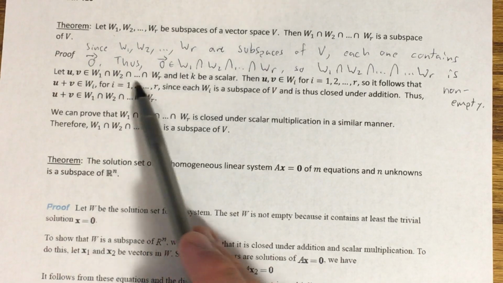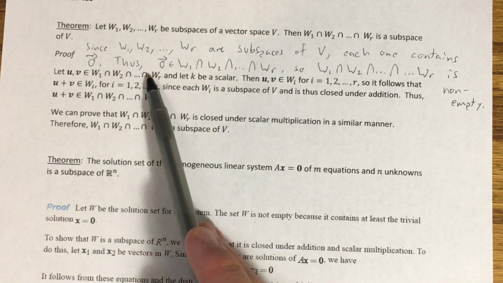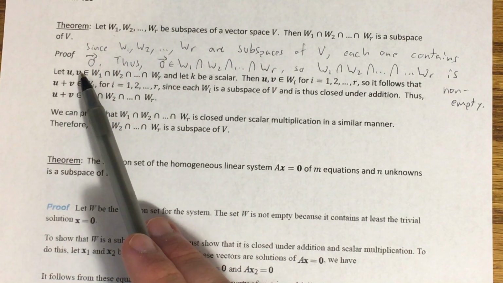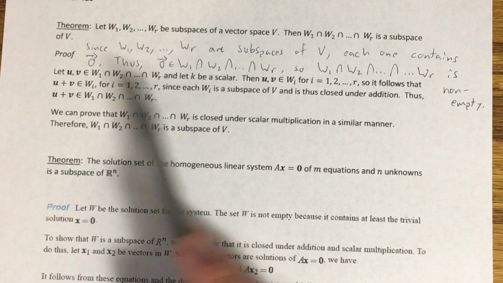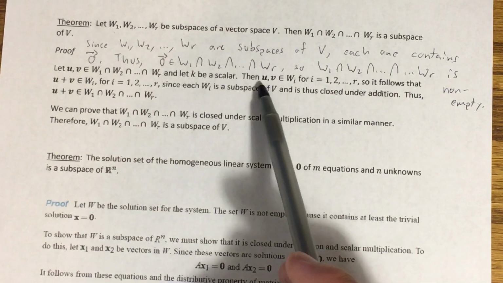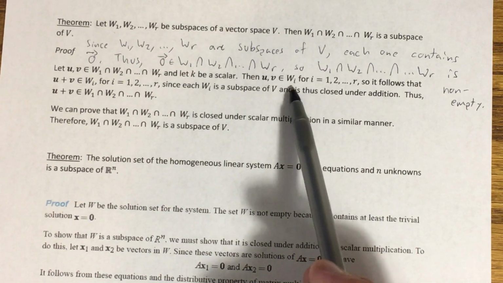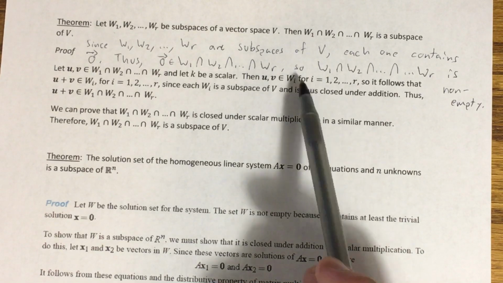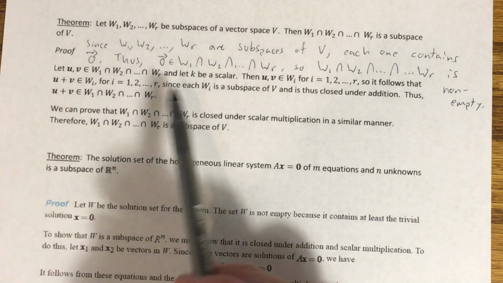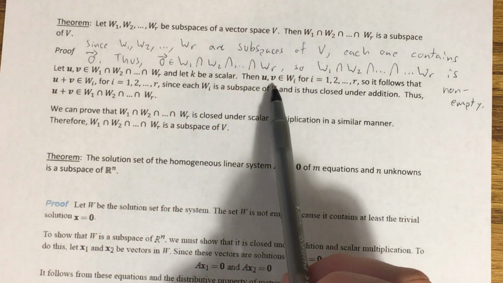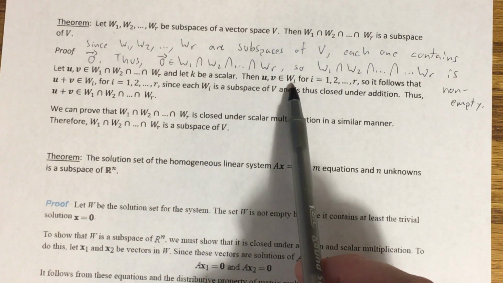Because u and v are in this intersection of all of these sets, that implies that both of these vectors belong to every single one of these vector spaces, W1, W2, WR, and so on, which I'm stating here. u and v belong to Wi, where i is equal to 1, 2, 3, 4, all the way up through r. That's because the intersection contains everything that these have in common. Each Wi is a subspace, so each one is closed under addition.